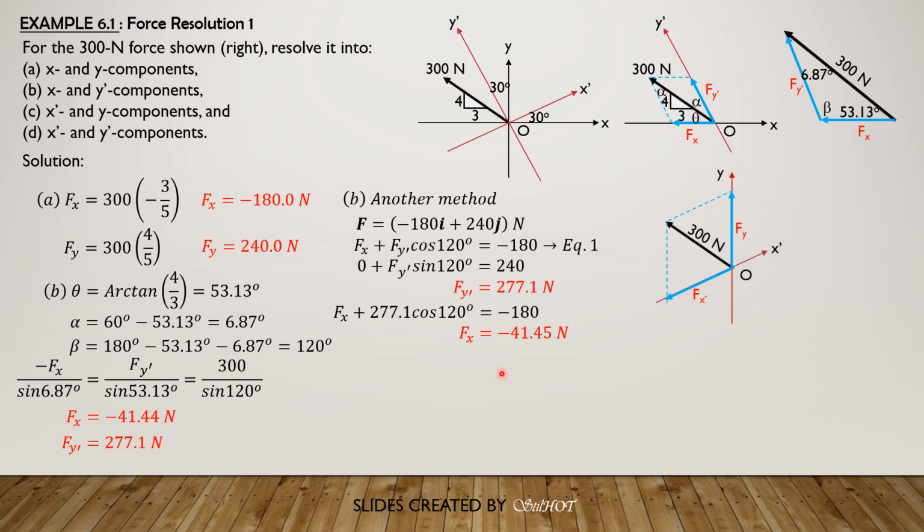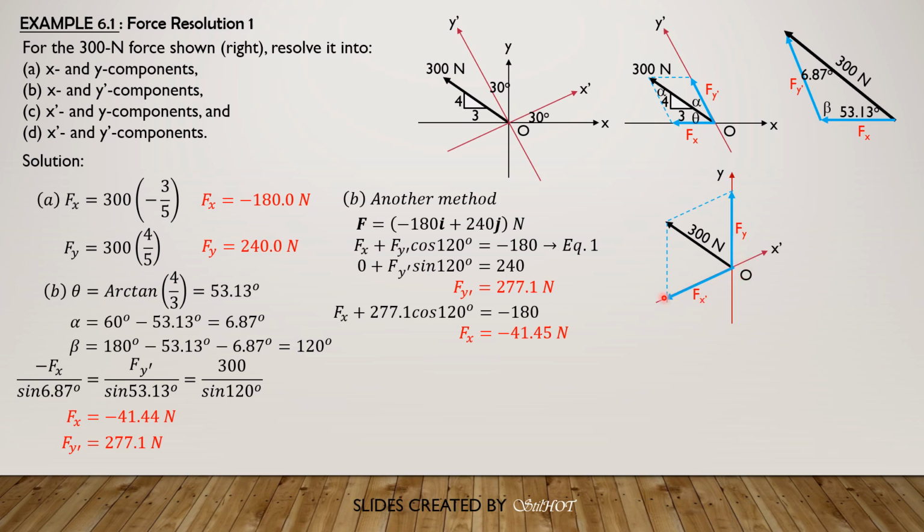Then let's proceed to part C, the x prime and y components. So we have, this is the x prime axis and the y axis. This is the force. Then these are the lines parallel to x prime and y axis. So again, Fx prime is negative.